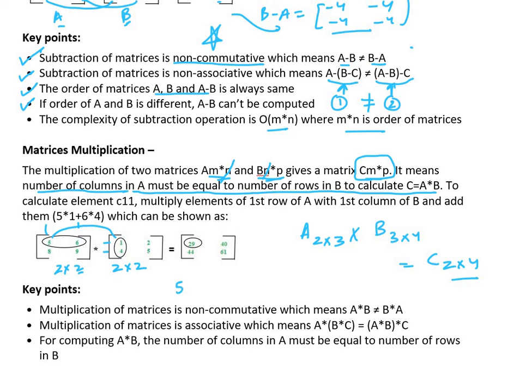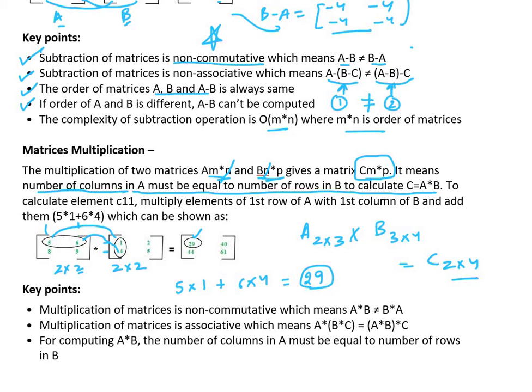I will write down here again 5 into 1 plus, now I'll take the second element of the first row of the first matrix and multiply it with the second element of the first column of the second matrix. So I'll get 6 into 4, which gives me 5 plus 24, 29. In this way I get the first element of the first row of the resulting matrix.